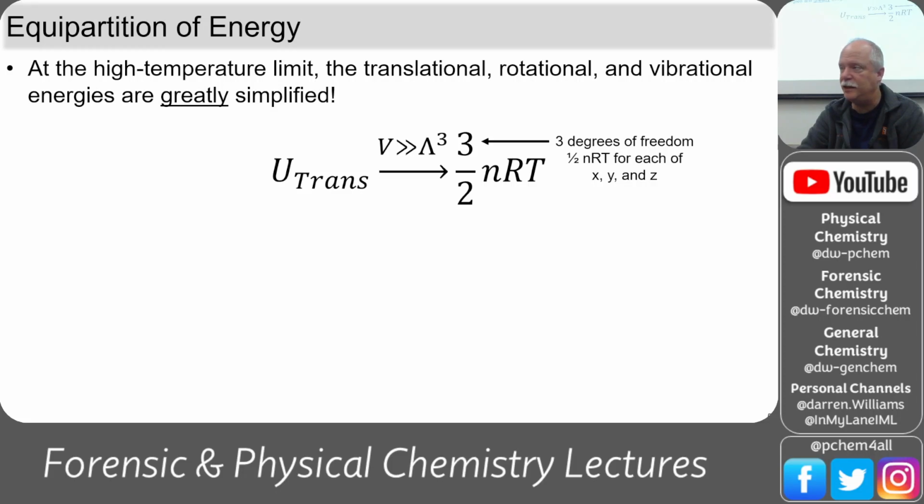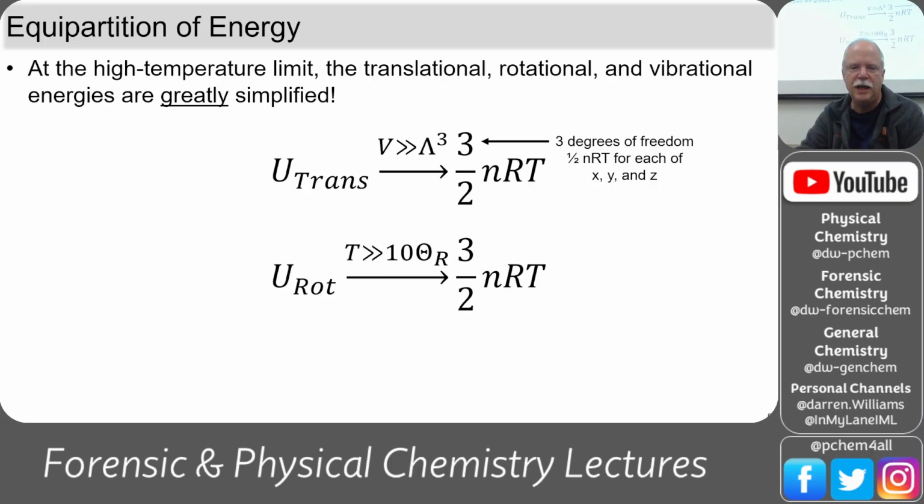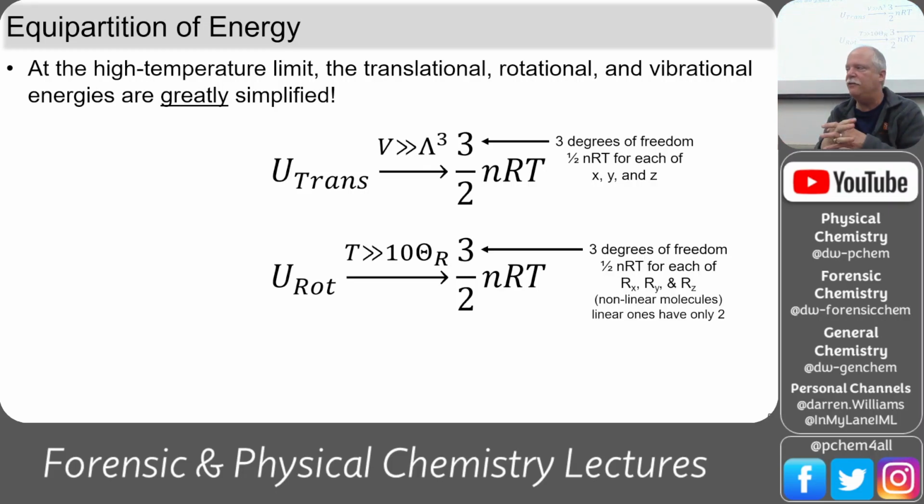So X, Y, and Z for sort of unidirectional motion. So that word unidirectional is important. For every uniform direction, X, Y, and Z, there's no restoring force making them come back. That would be vibration. And then for rotation, that's also unidirectional. You're rotating around X, around Y, around Z. You get a half an RT for each of those.